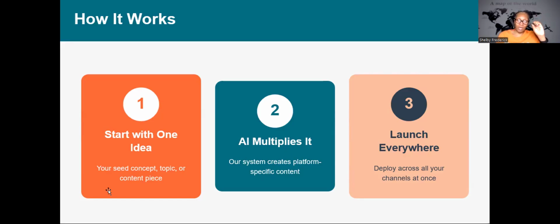This is what the Repurpose Hub does. So our system creates platform specific content. And then once that content is created, you can launch it everywhere. So now you're deploying that one seed, that one idea, across all of your channels at once.